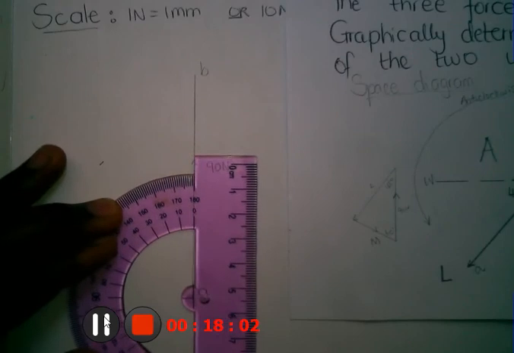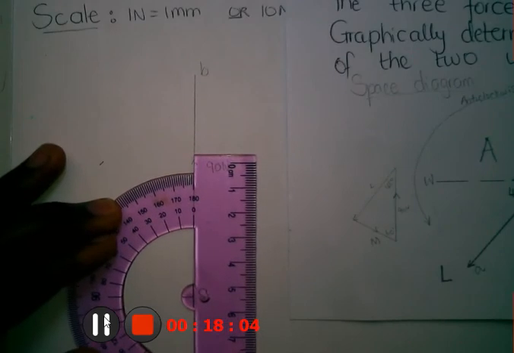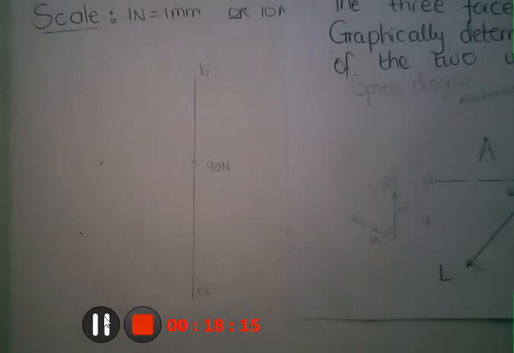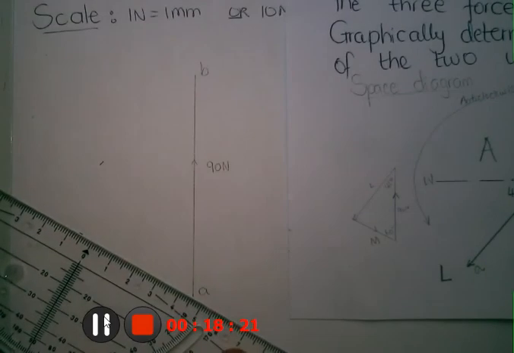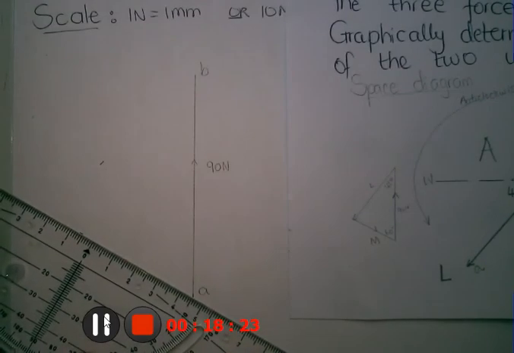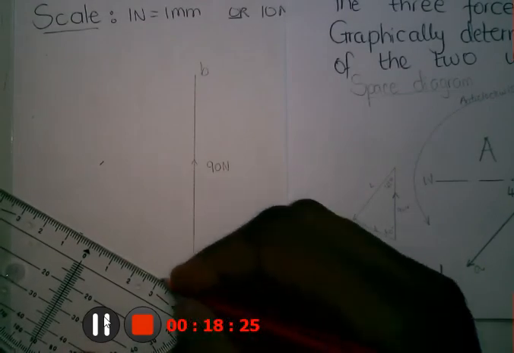You bring your protractor down, and then you measure your 60-degree angle. So those are your two marks, and we can draw our lines that join to the 90 Newton force.